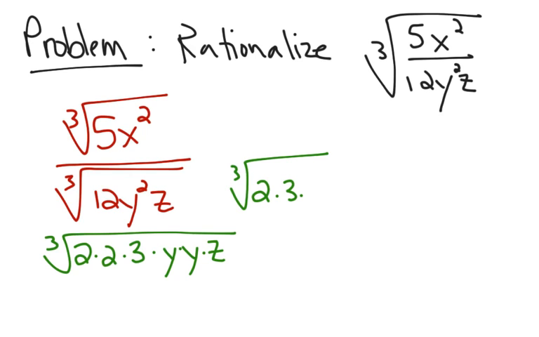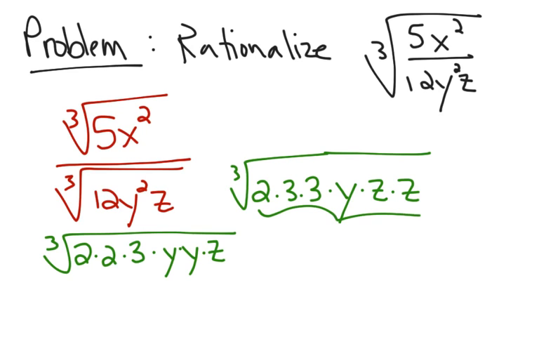In order to have 3 of them, I need 2 more. I have 2 y's, so I need 1 more y. And I have 1 z, so I need 2 more z's. That's how I'm going to determine what I'm going to multiply by, by figuring out what more factors I need, so that when I multiply the two together, I have 3 of everything.